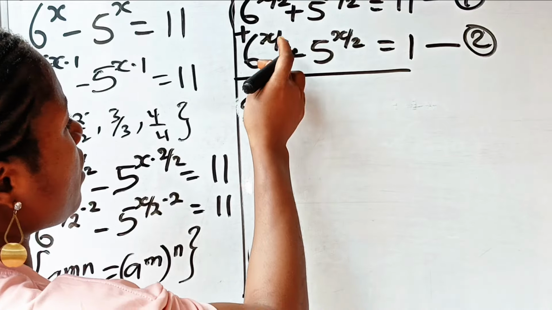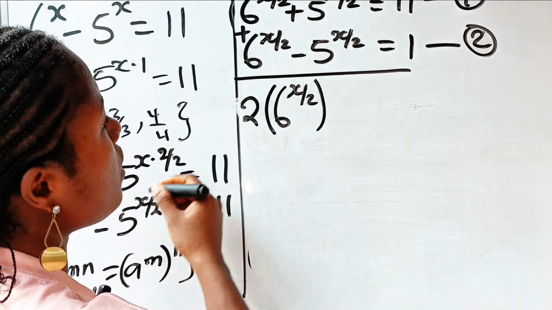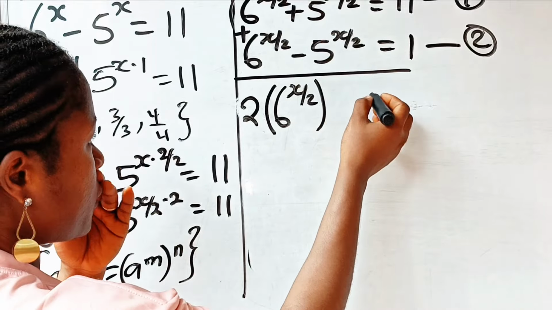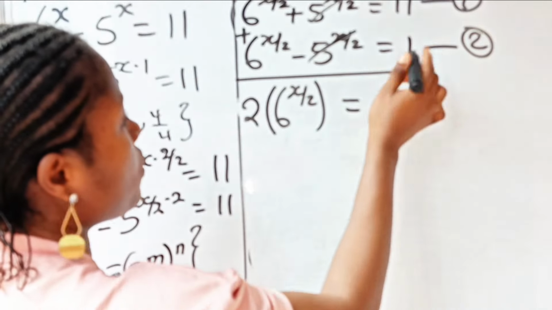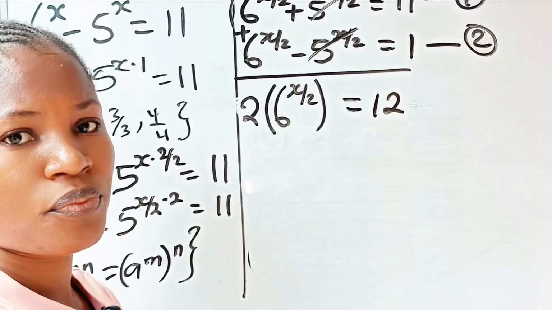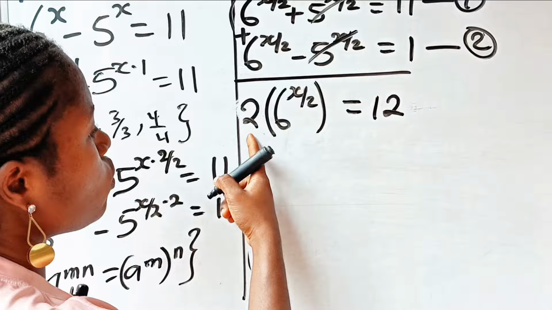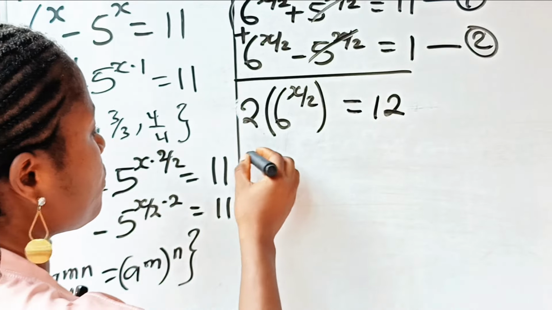Now, having said that, because some people make that mistake, you can say that this will be 2 multiplied by 6 to the power of x over 2. All right. Now, this plus minus this will give us this minus this, which is 0. So this and this will go, is equal to 11 plus 1 is 12. All right. Now, we have 2 multiplied by 6 to the power of x over 2 equals 12.